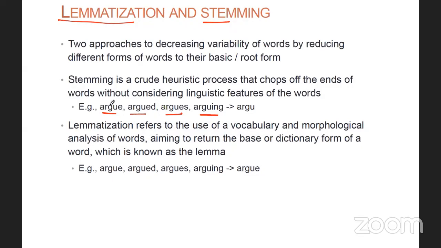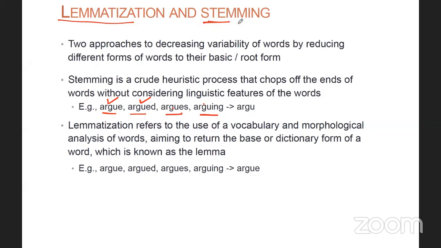The DTM would allocate one dimension for each of these, so 4 dimensions will be there. But all these have the same meaning, even though the tense is different. So we have to again normalize this data. Normalizing these different tenses is called stemming or lemmatization.